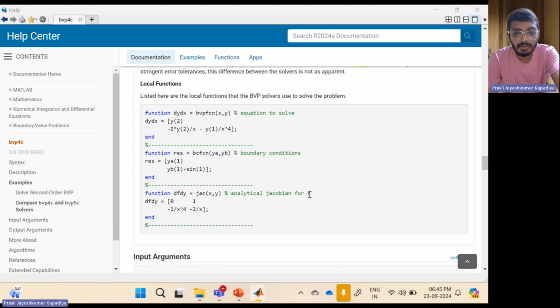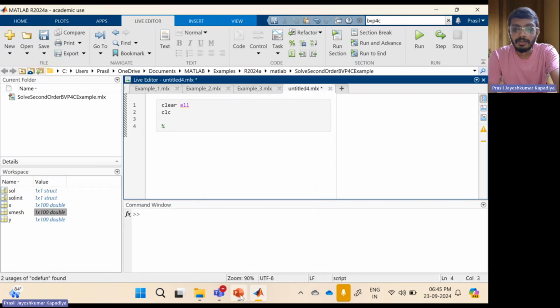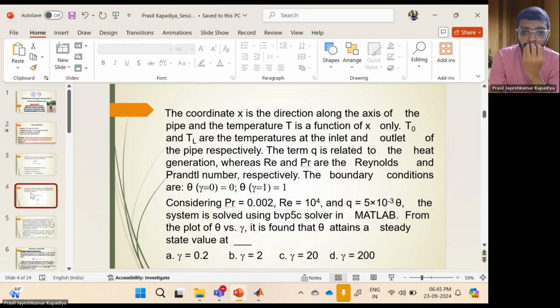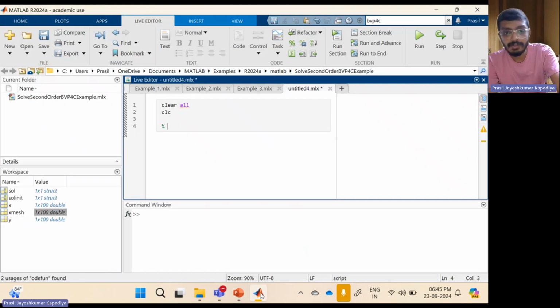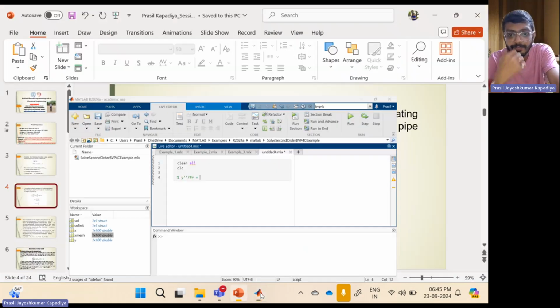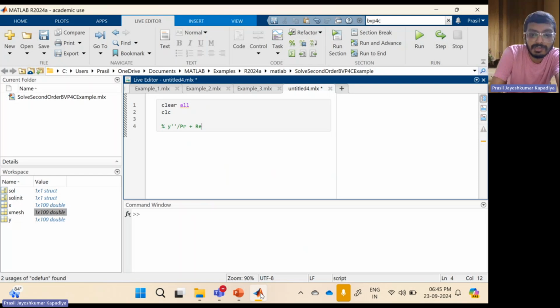So our equation is 1 divided by Prandtl number into d squared theta by d gamma squared, so y double prime divided by Prandtl number, plus Reynolds number into y prime, plus Q. It's in theta form, but I can't write theta, so I will just write y.